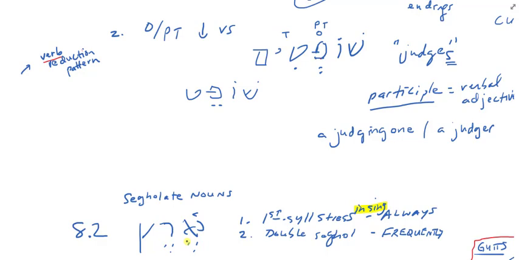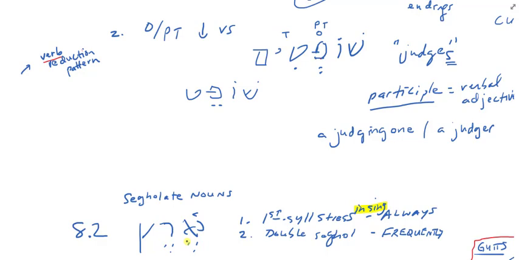Now, the second characteristic of segholate nouns is that they usually have a double segol pattern. Segols under root 1 and root 2 of the 3 root letters of the noun. So notice, eretz is our word for earth. Do you see the double segol pattern? Okay. And you see the first syllable stress. It's not eretz, but eretz. How did we say the word king? Yeah, melech. Melech.